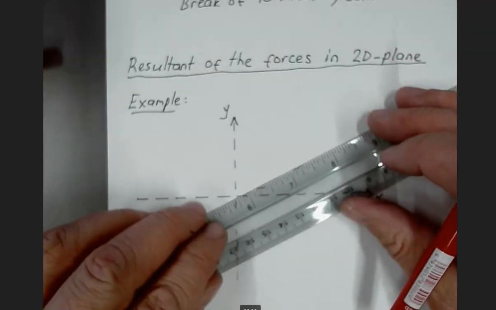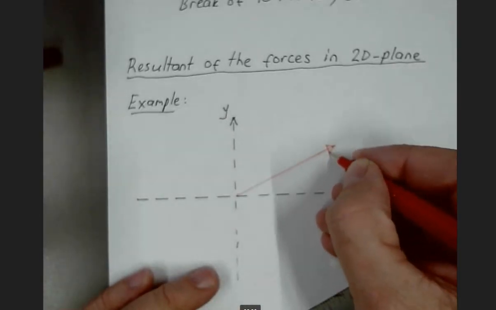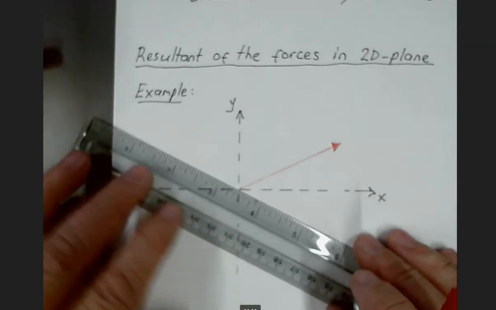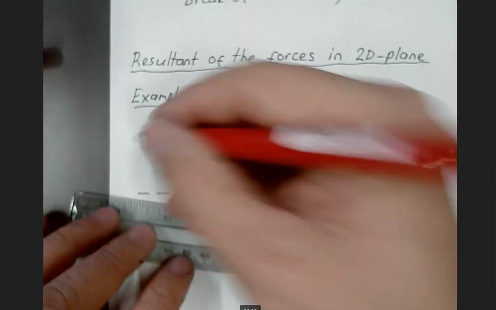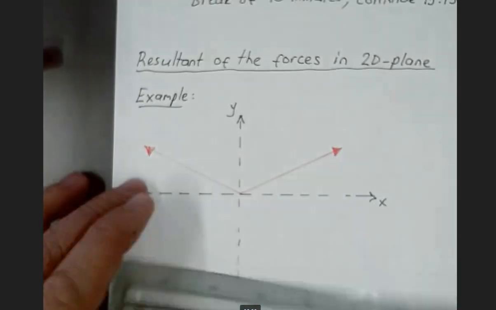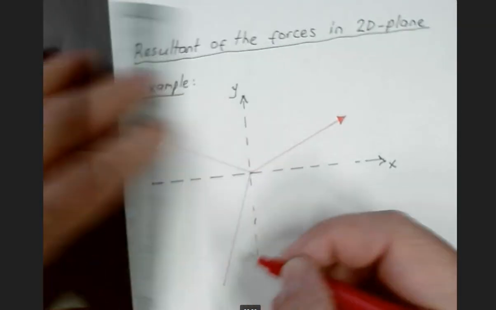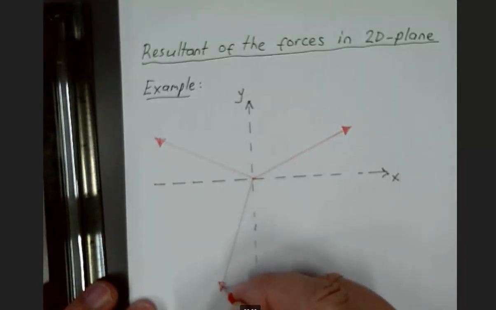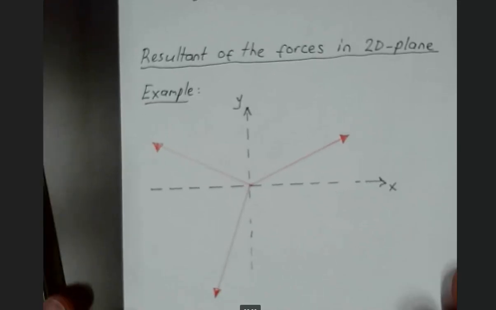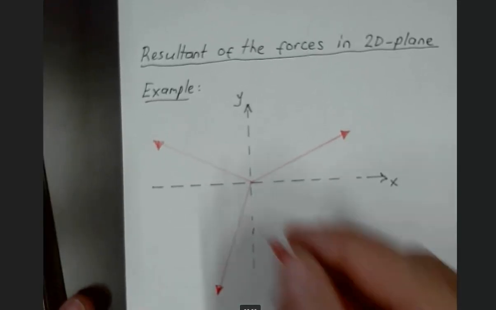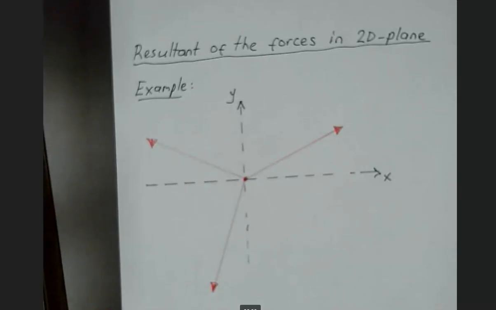Let's say we have one force in this direction, another force in this direction, and one force in this direction. So I will have three forces here, and they are all attached to the origin.